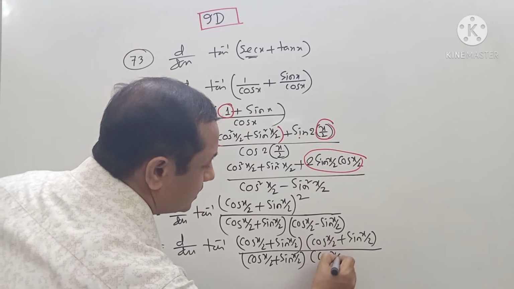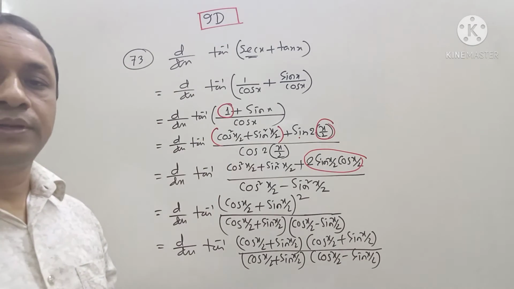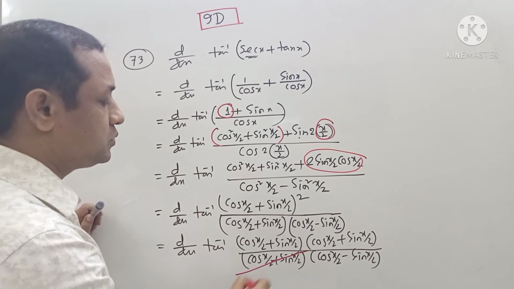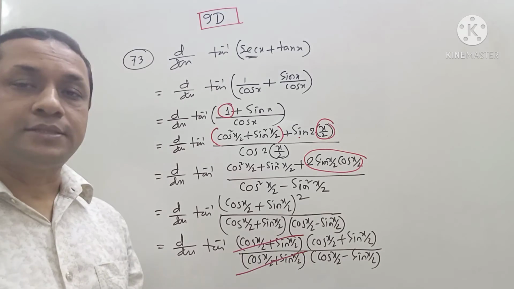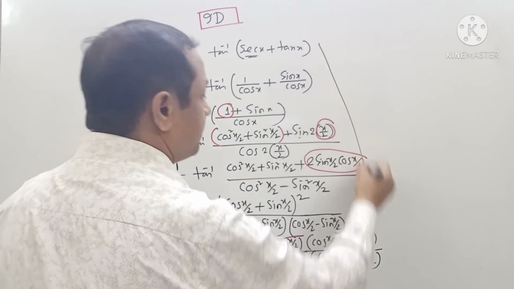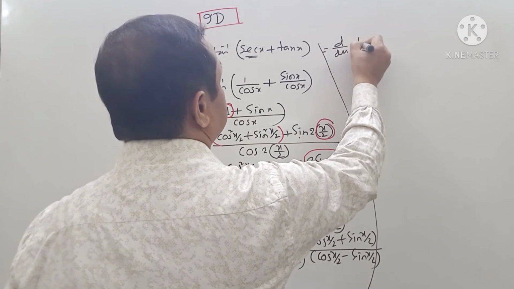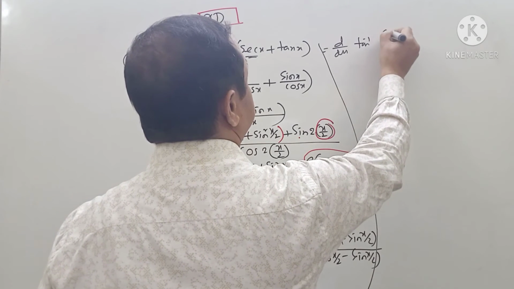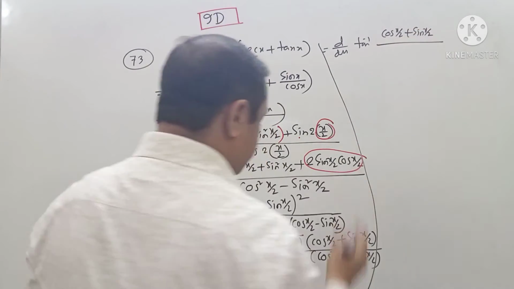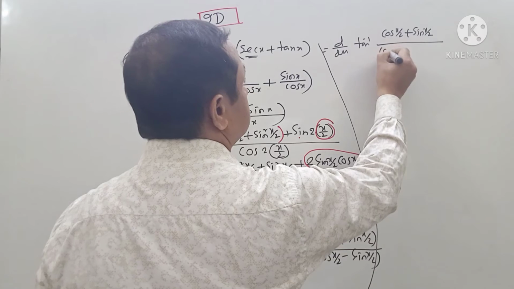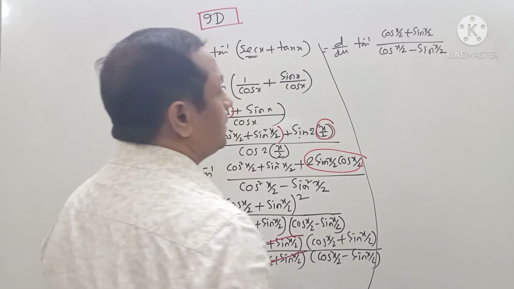Here cos x/2 + sin x/2 in numerator and denominator are cancelled. Then next line, d/dx of tan inverse of (cos x/2 + sin x/2), and the denominator will be (cos x/2 − sin x/2).